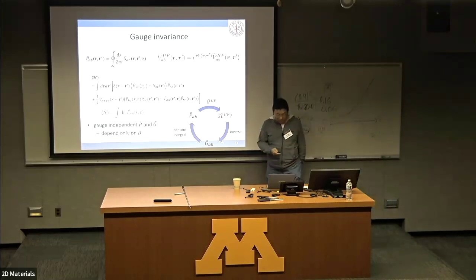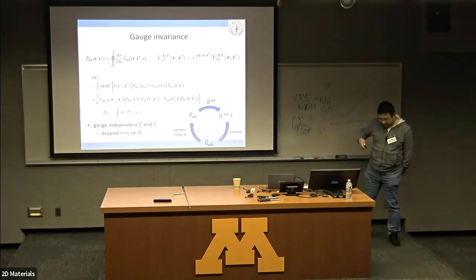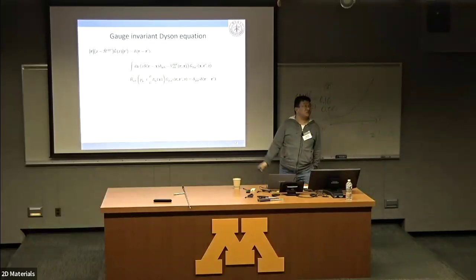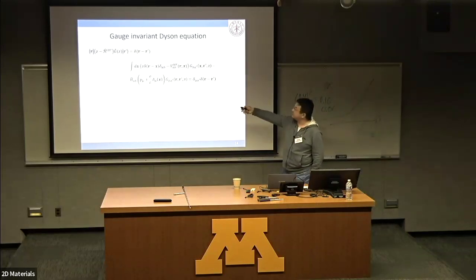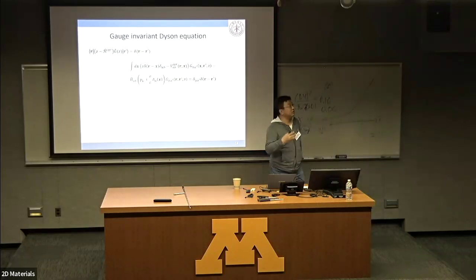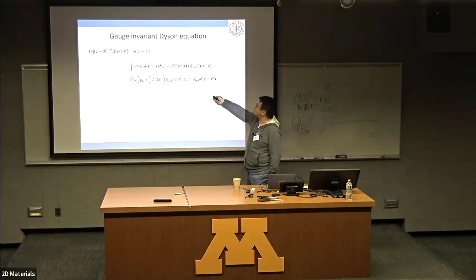To do this, let's start from the beginning, from the definition of the original G, which depends on the gauge. We rewrite everything in terms of a phase factor times a gauge invariant piece.